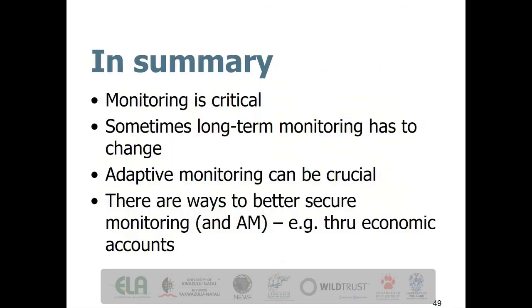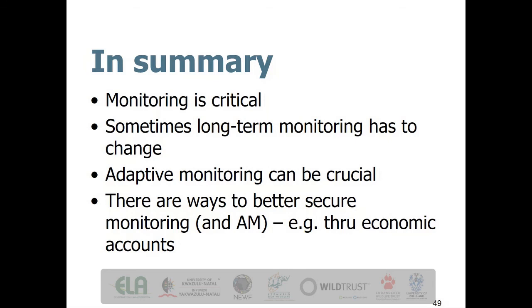So in summary, we all know that monitoring is critical. We also know that long-term monitoring is particularly important, but sometimes that long-term monitoring needs to change. There are new questions, there are new issues to deal with, there's a change in technology, and adaptive monitoring to change the frame for how you do long-term monitoring can be crucial to make sure that you maintain the integrity of the data sets and to ensure that the time series data that are being gathered continue to be important for management.